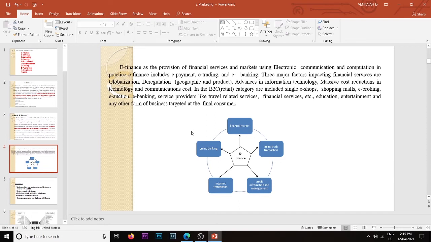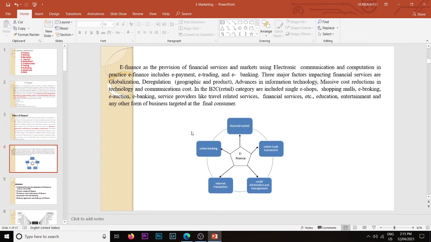Education, you are getting this through the ICT mode, electronics and communication technology. Entertainment, our Netflix, Amazon Prime, all come under entertainment. And any other form of business targeted at the final consumer.